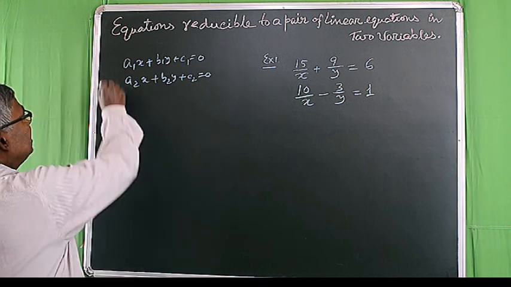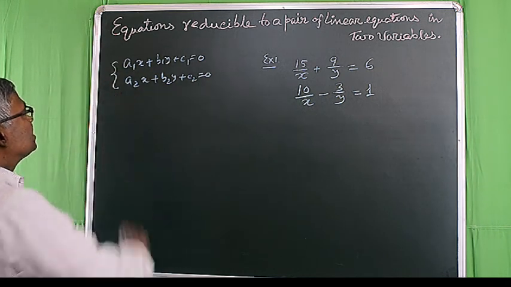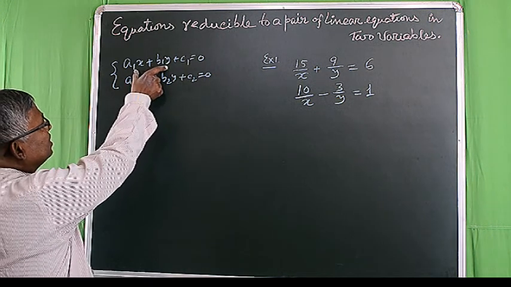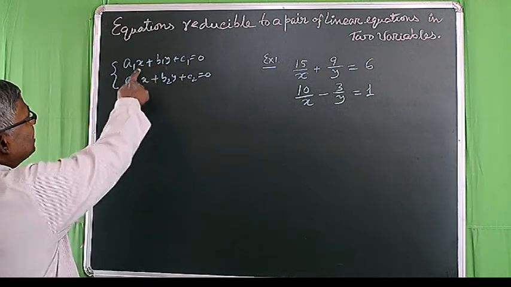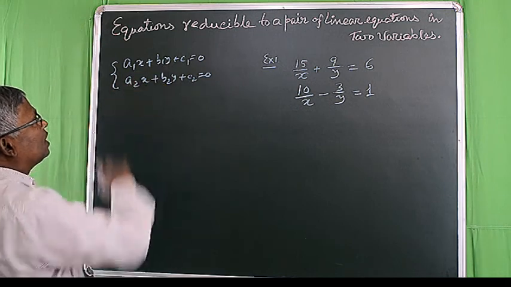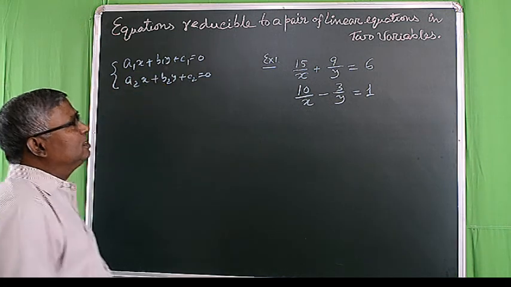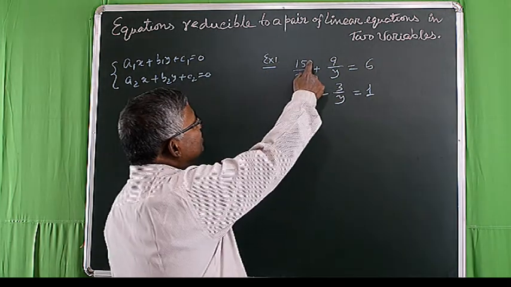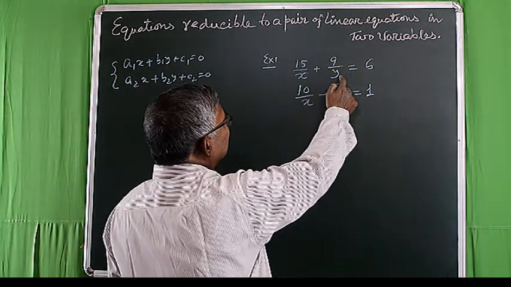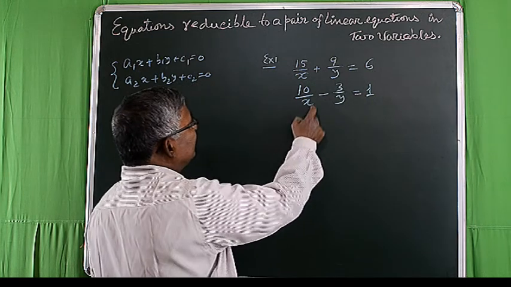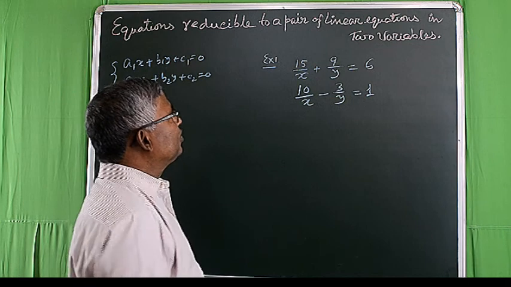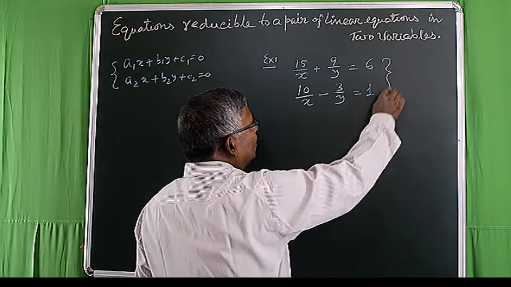Students, see these two equations are linear equations in x and y because the powers of x and y are 1. But in example 1, the equations are 15 by x plus 9 by y equal to 6, 10 by x minus 3 by y equal to 1. These equations are not linear.